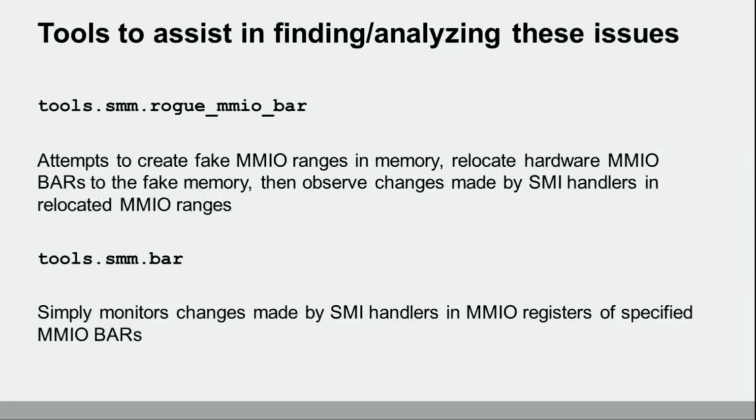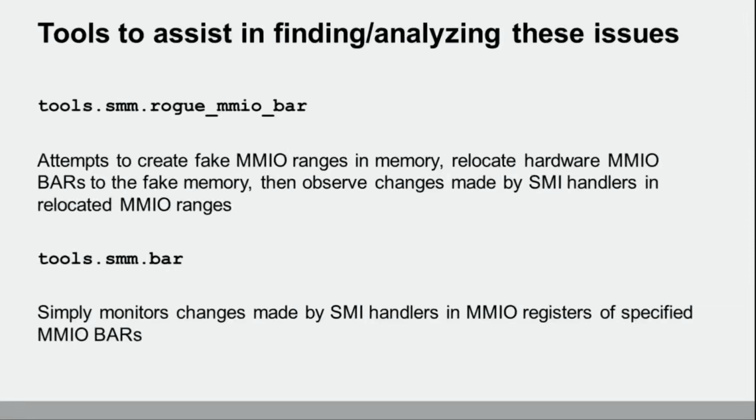One just finds all of the registers that the SMI handlers write to or modify, and the other one attempts to actually relocate all the MMIO ranges into memory, then fuzz SMIs and see if the memory contents changed. None of these tools are perfect. They give false positives, false negatives. So they need to be complemented with manual analysis.